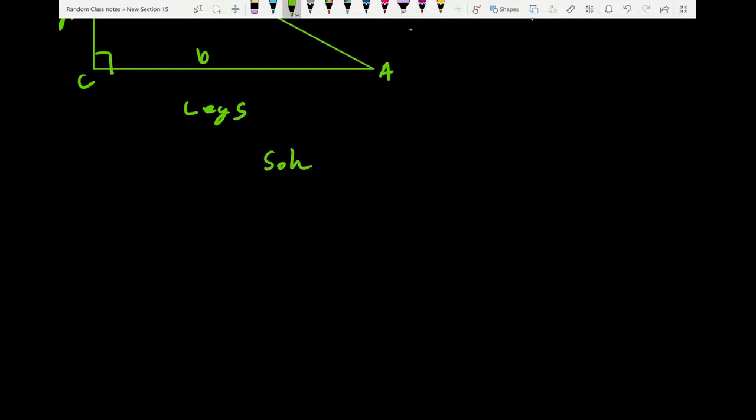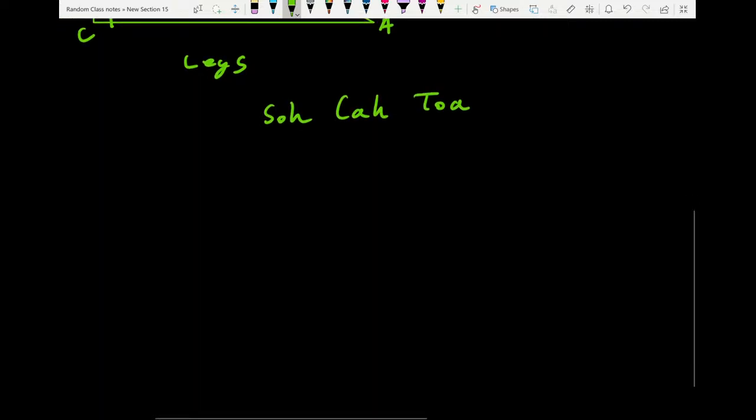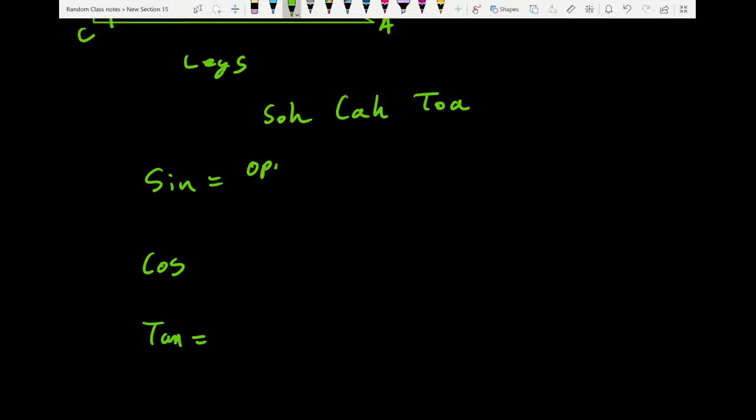We're gonna use sine, cosine, and tangent. Sine is opposite over hypotenuse, cosine is adjacent over hypotenuse, and tangent is opposite over adjacent, in reference to that angle.